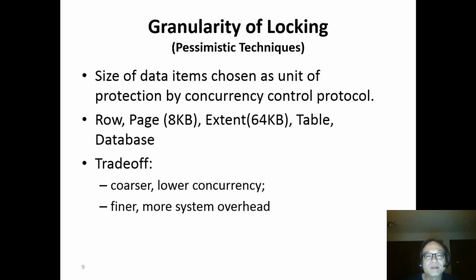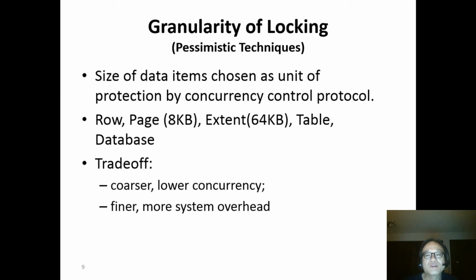Also, when we implement locking, a major consideration is the size of locking or the size of data protection. Generally speaking, the larger the locking size, the lower the concurrency level, the lower the system overhead. On the other hand, the smaller the locking size, the higher the concurrency level, and the higher the system overhead.